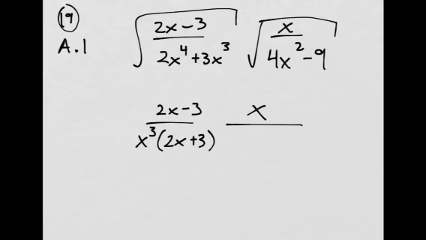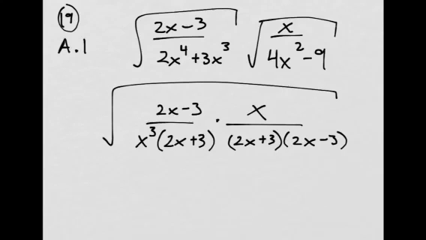It's 2x plus 3 times 2x minus 3. And then we have the radical over everything. If you're multiplying two radical expressions, you can put the radical over everything and multiply the insides. That's a property of radicals.